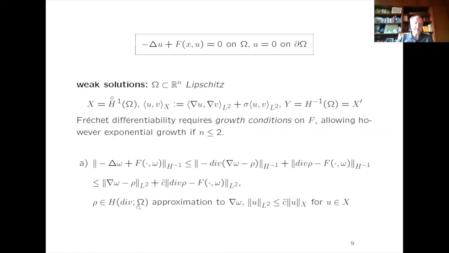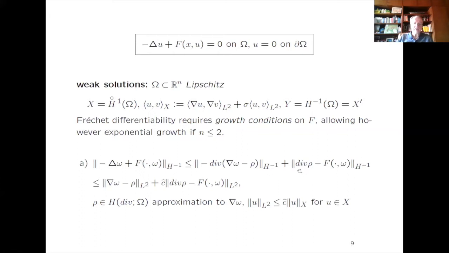If we have that at hand, then we can estimate this residual as follows. We introduce the term minus divergence rho here and subtract it again, and then by triangle inequality we get this splitting. And now we use the fact that the H^-1 norm of the divergence of any vector field is less than or equal to the L2 norm of that vector field. So that's a very general inequality.